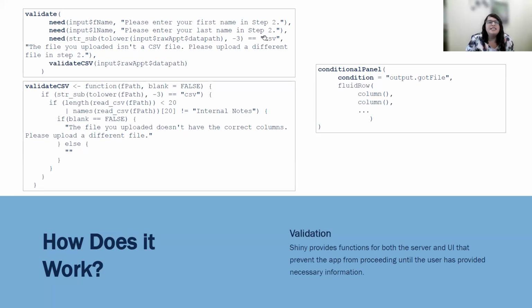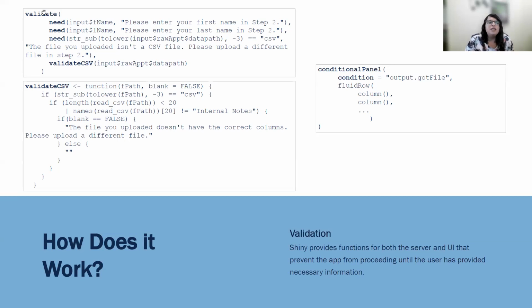We can check to see if it's a CSV file. Here I'm just looking at the last 3 letters of the file name to make sure it's a CSV file, right? Now, the great thing about this is I wanted to do something more than just checking if it was a CSV file. I wanted to make sure it wasn't just any CSV file. It needed to be a CSV file that actually came from LibCal.